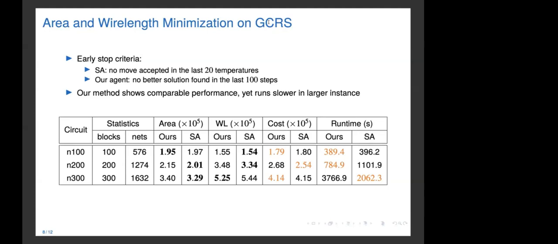And for our agent, if there is no better solution found in the last 100 steps, the search will also be stopped. As can be seen from the table, our method shows comparable performance to simulated annealing. However, we also observe that it runs slower in the larger instances, for example, the M300 circuit here.